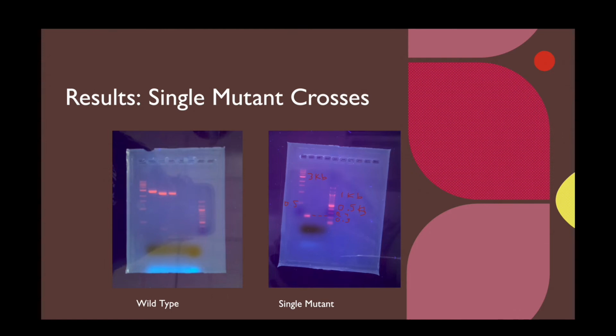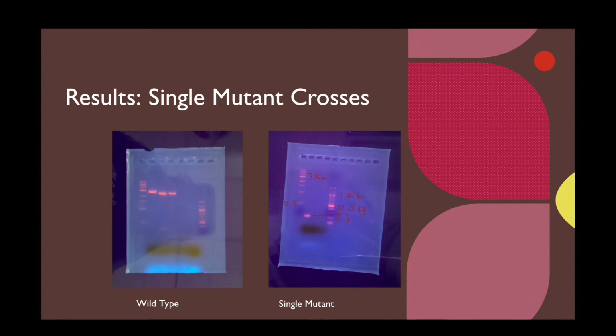In lane 2 was the wild-type DNA. In lane 3 was the single mutant DNA. And in lane 4 was the 100 base pair ladder. There was a fragment shown at about 0.5 kilobase pairs in lane 2 of the single mutant trial.